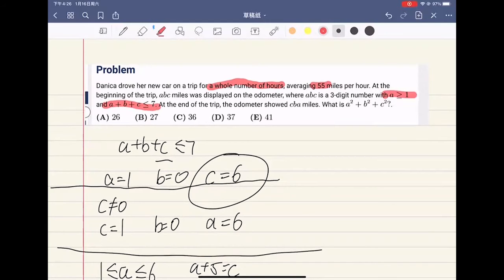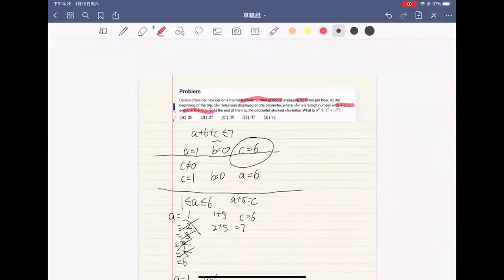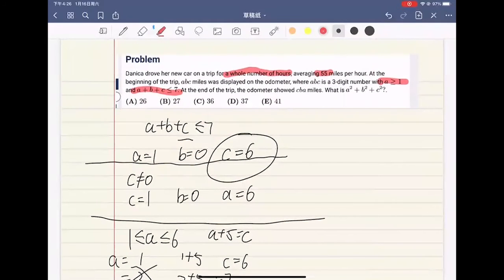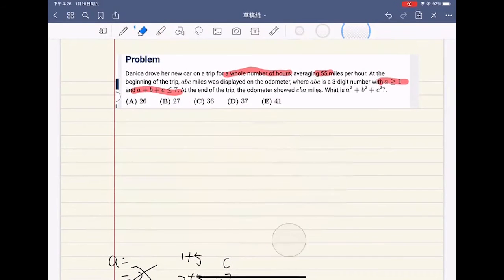The thing I'm confused about is why we need to add the number on ABC. I understand what you're doing, but I'm confused with the beginning. Why do we need to add 55, or add the 5?